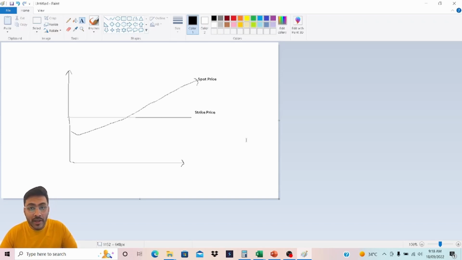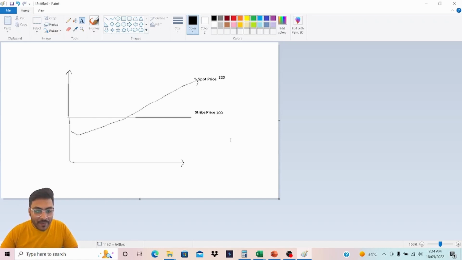Before we move further, I want you to understand one important concept. Pay attention and listen carefully, or you won't understand anything when I build the model. For equity shareholders, the value in a company is like a call option where the spot price is enterprise value and the strike price is the value of debt or external borrowing.